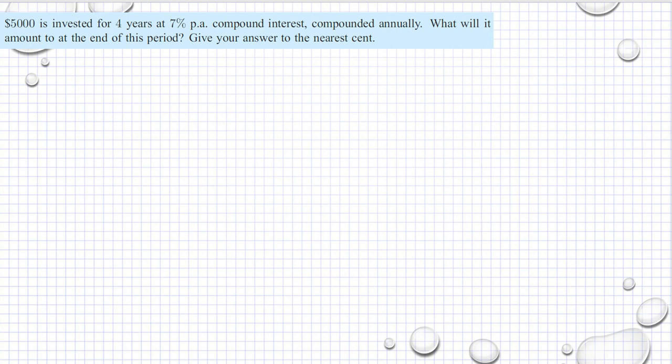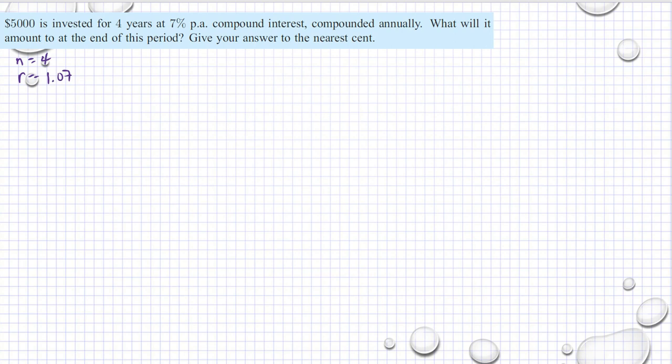Another example, $5,000 is invested for 4 years at 7% per annum compounded annually. What will it amount to at the end of this period? Give your answer to the nearest cent. So we have our n is equal to 4, and then r is equal to 1.07 again.